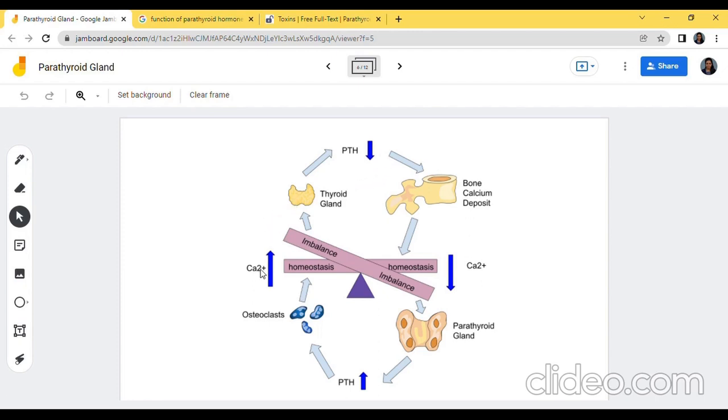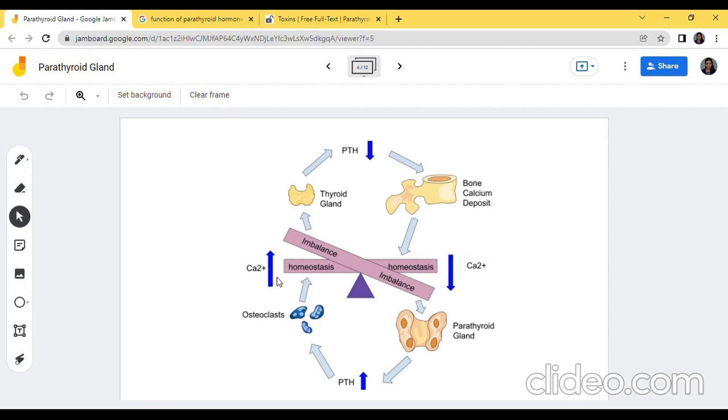So we can observe this image. The level of calcium in our body is maintained in homeostasis, that is, there is a balance in the level of calcium in our body. When the level of calcium exceeds or decreases from the normal level, we can say it is an imbalance in the level of calcium.